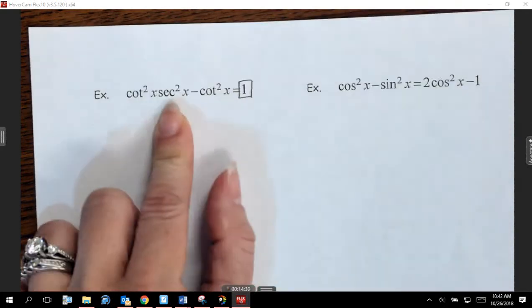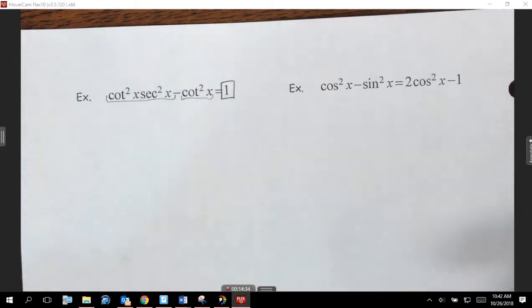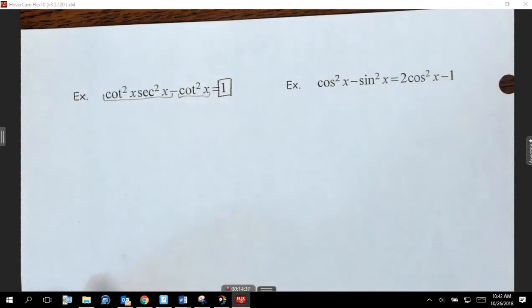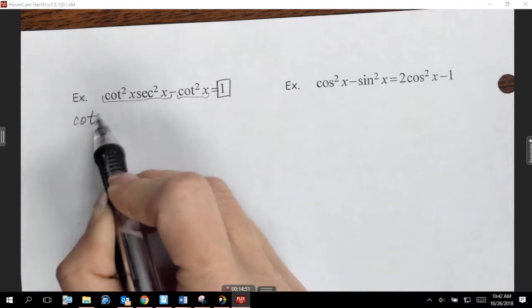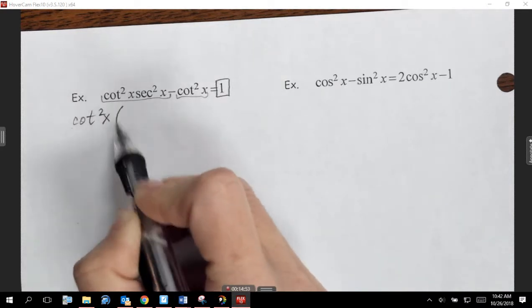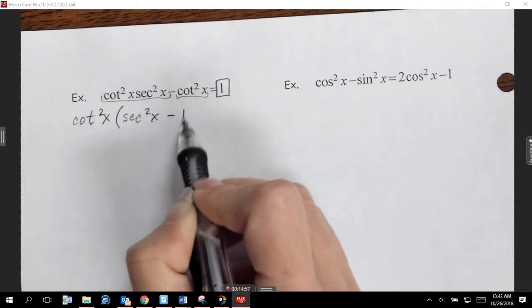What I'm going to do for this one is notice that these are 2 terms, and both terms have cotangent squared. So I'm going to factor out the cotangent squared. If you didn't do it that way, that does not mean erase and change all your answer. Because I'll put up the other way to do it too. So I'm going to take out cotangent squared, and then I'm going to be left with secant squared x minus 1.